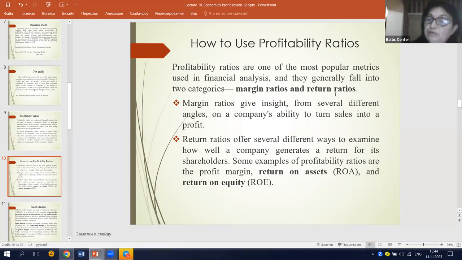The return ratios offer several different ways to examine how well a company generates a return for its shareholders. Some examples of profitability ratios are profit margin, return on assets, or return on equity.